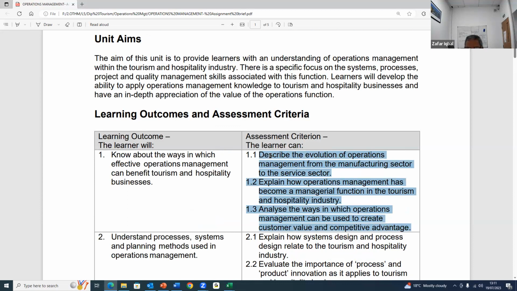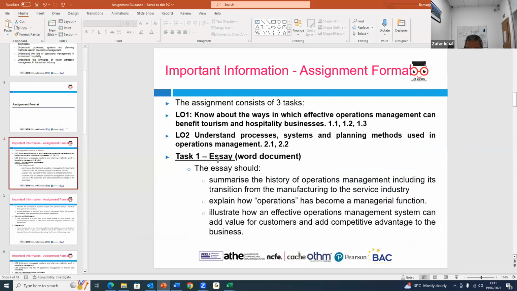Do you understand? Yeah. Okay. So what you need to do is address each of these assessment criteria in your essay to answer learning outcome 1. If you miss out one, you will not be able to claim anything, and you have to repeat. All right.